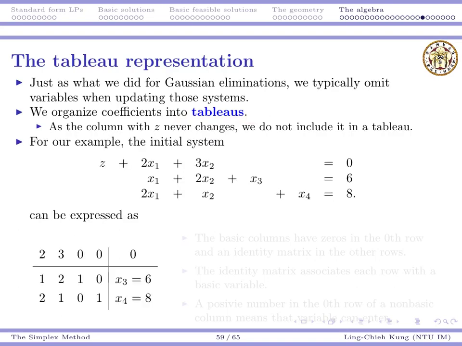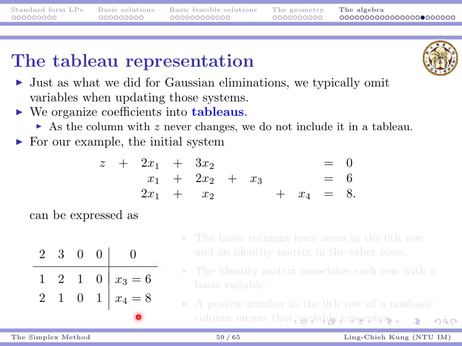For this initial system, we actually do not need this column, because it will never change, so let's remove it. And we also do not need these coefficients. So this system can be expressed conveniently in this way. Everything is copied from the system, but we only copy numbers.